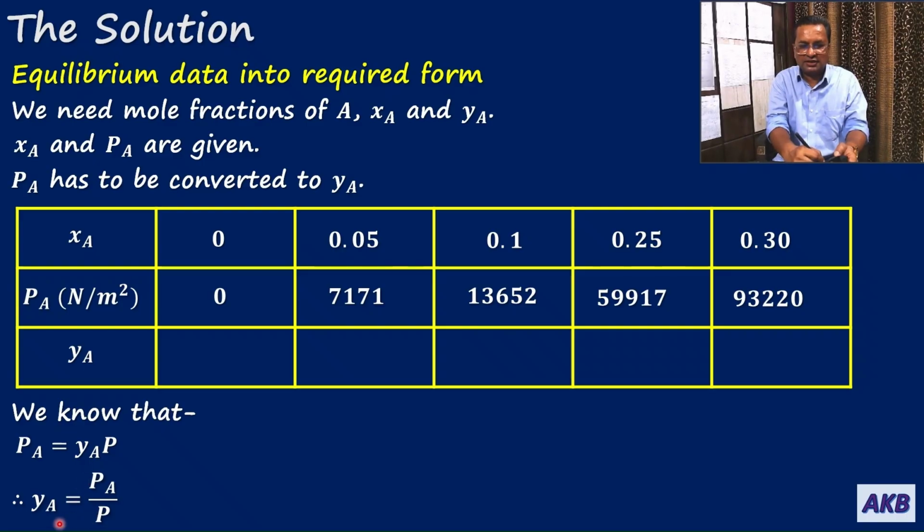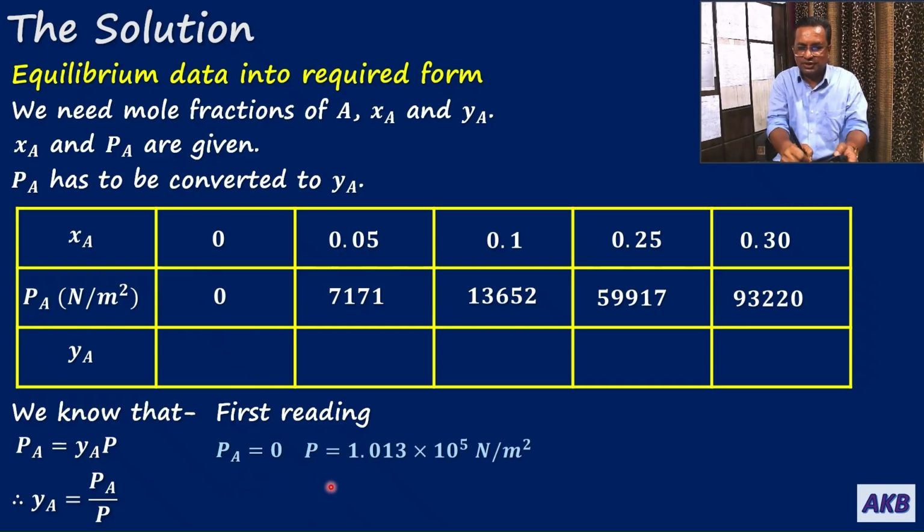And from that you can get mole fraction of A as partial pressure of A divided by total pressure. So for the first reading where XA is 0 and partial pressure is 0, total pressure is 1.013 into 10 to the power 5 Newton per meter square. YA in this case will therefore be 0 upon 1.013 into 10 to the power 5, that is 0.